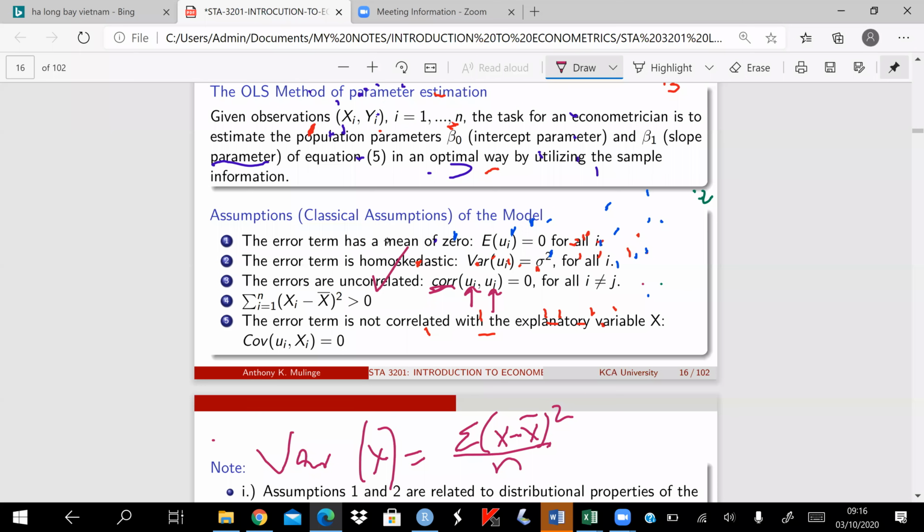That's one way of writing variance. So we are saying that this numerator here should be positive. You will see why a little bit later when we come to the estimation of beta 1.